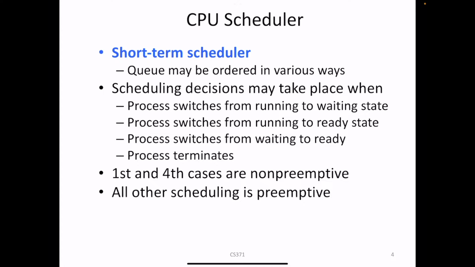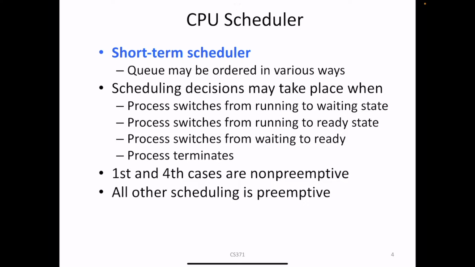In Chapter 3, I mentioned that the CPU scheduler is also called the short-term scheduler, which selects processes from the ready queue and assigns the CPU to one of them. Based on different scheduling algorithms, the queue may be ordered in different ways. We will talk about the details of that in later slides.